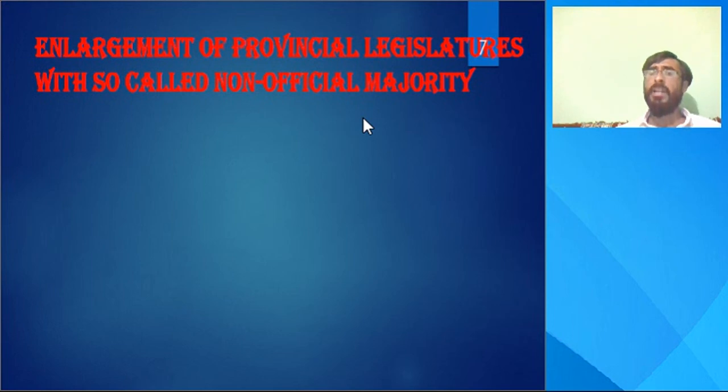Some of the non-officials were also nominated, and these non-officials always supported the official moves, and along with officials they formed majority in the provincial legislative assemblies as well. In this way, the government was successful in maintaining their hegemony over these provincial legislative assemblies also.